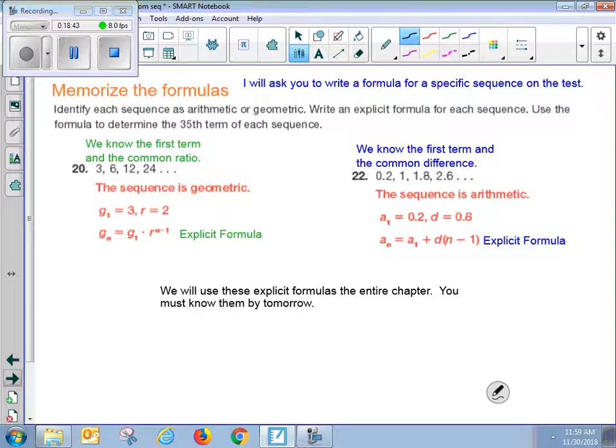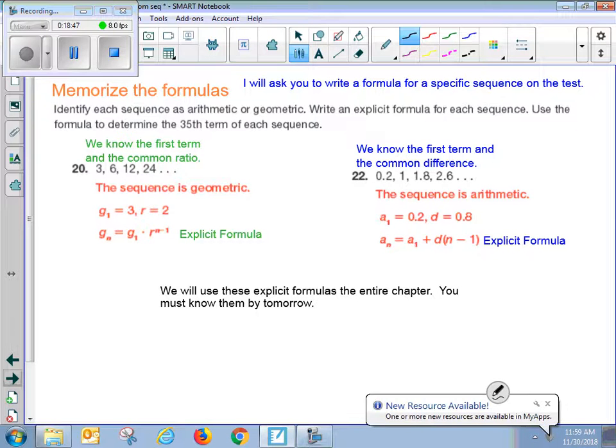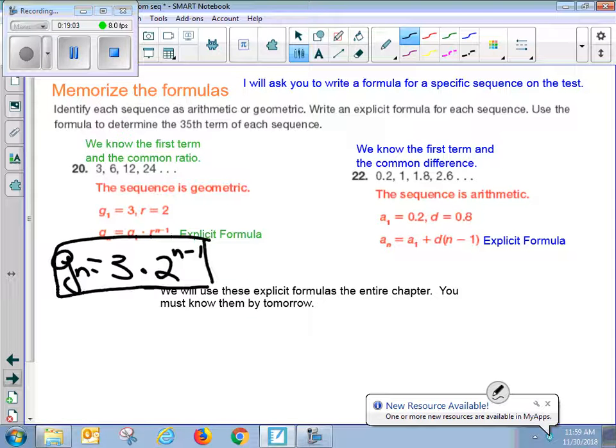Don't give me the generic one. Give me the one that goes with the problem. So what goes with this problem would be g sub n equals, what's your first term? Times, what's your r? To the n minus 1 power right there. That would answer the question.